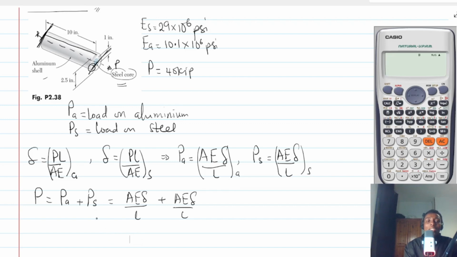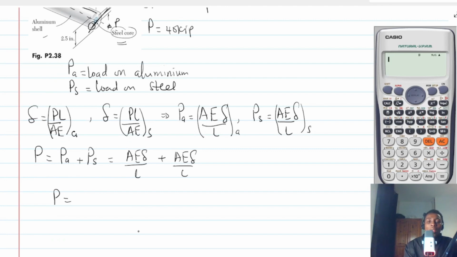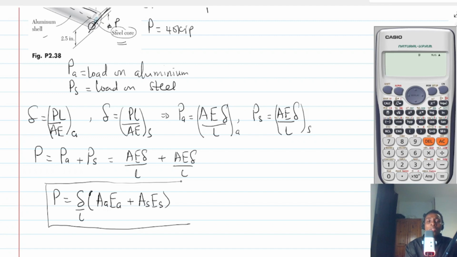So we are going to get something like this: delta over L, then area of aluminum times Young's modulus of aluminum plus area of steel times Young's modulus of steel. So this is the expression for the load.